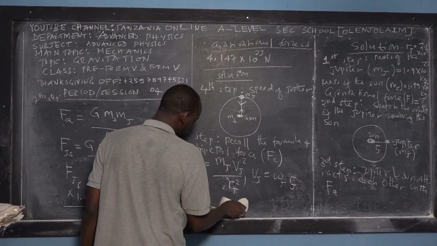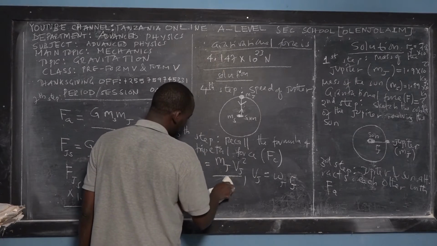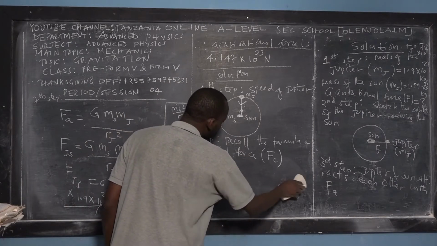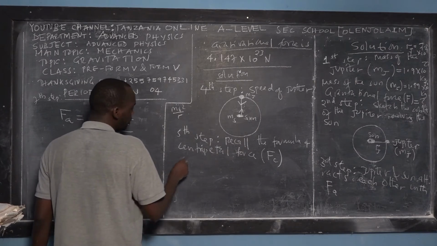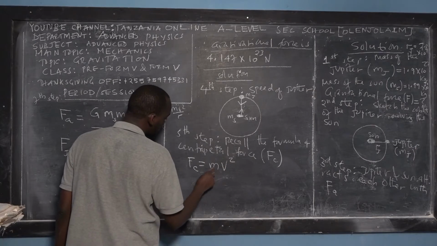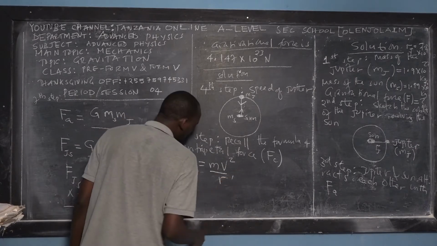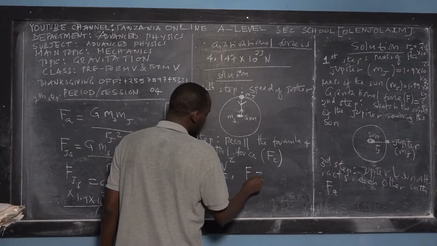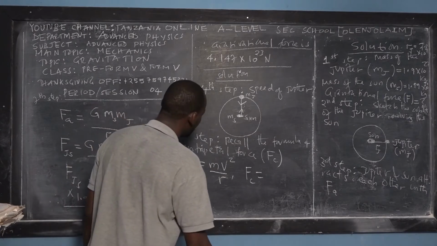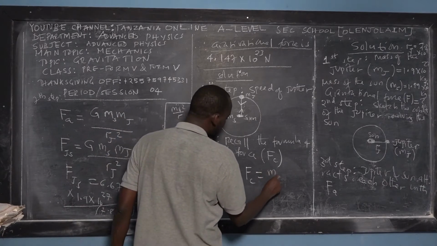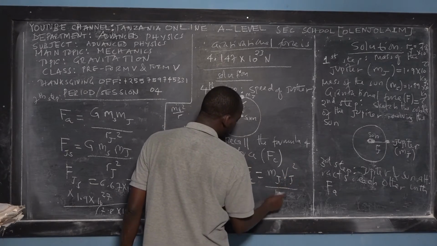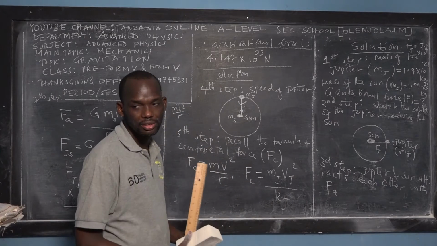Let me clarify this point here, I'm sorry. Let me clarify it properly, so you should not get confused with simple issues like this. We said we are recording the centripetal force. Usually we say that mass times velocity squared over r. So in our case, the centripetal force provided to the Jupiter so it can move constantly in its orbit is equal to the mass of the Jupiter, velocity squared of Jupiter, over the radius of Jupiter. Right?